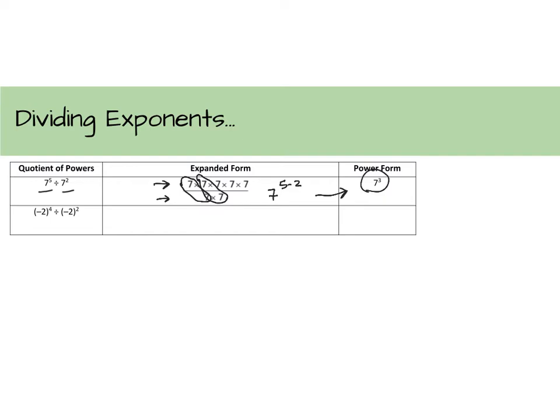So we have a base of -2, and we have 4 of those, divided by 2 more -2's.